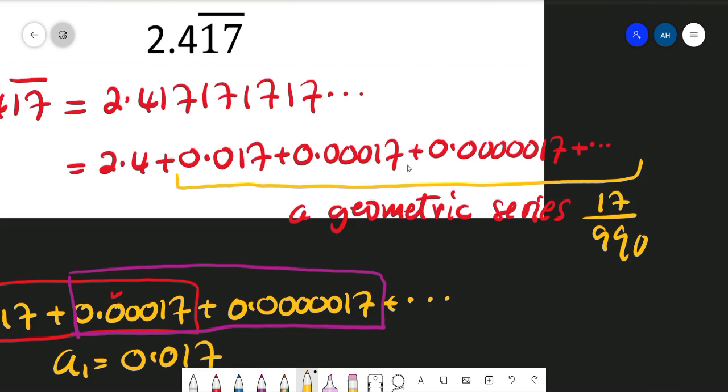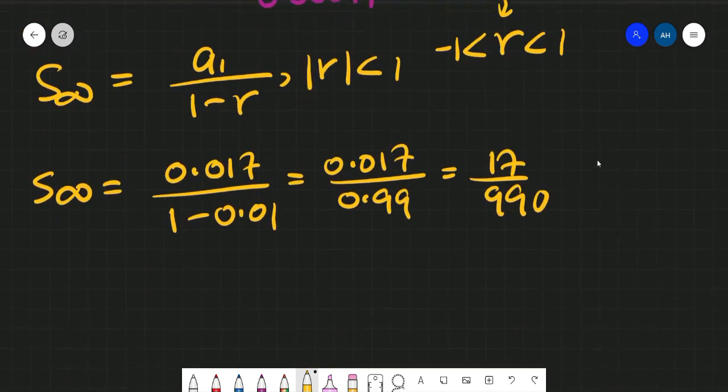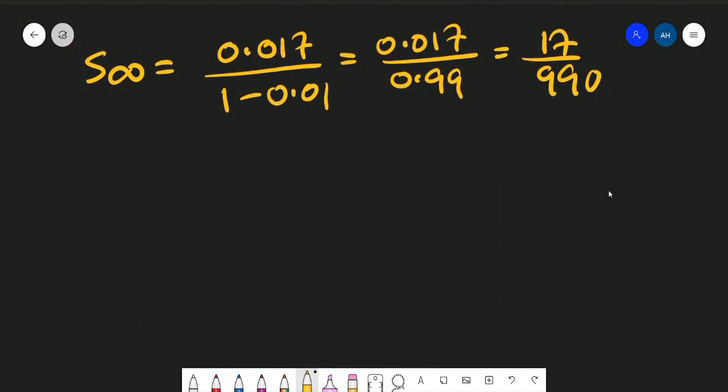Okay, therefore the original problem. Let's go back to our original problem. The original problem is 2.1417 bar. This is equal to, as we wrote down just now, 2.4 plus that geometric series, right?